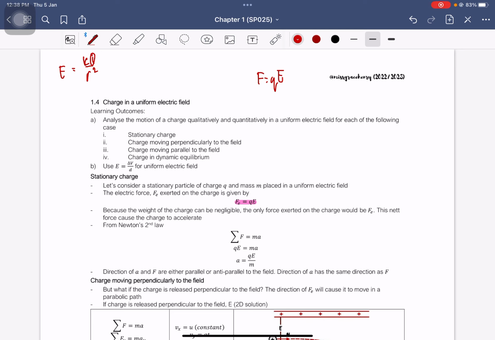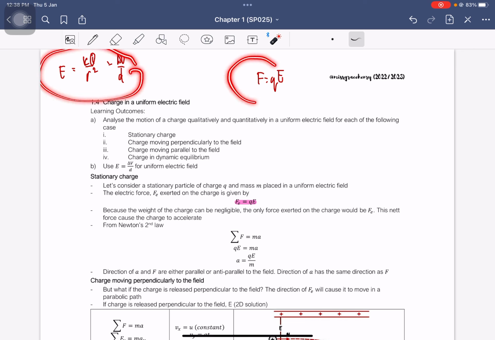And then what else do we have for electric field? I think there's something else. I just don't quite remember. Oh, delta V over D, one of the equations. So basically, if you have parallel plates, charged metal plates, you can use this. Just don't forget that you have these three equations just to find electric field strength. It's the same for force, you can use this one too.